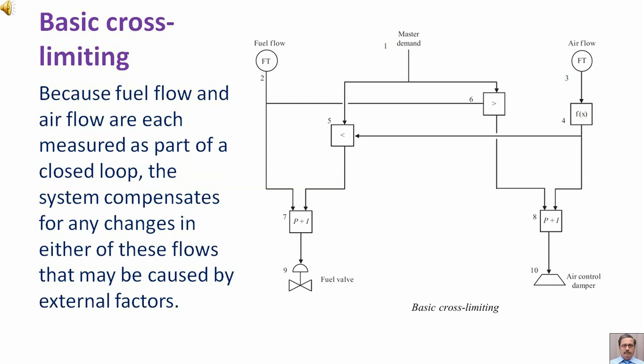Because fuel flow and air flow are each measured as part of a closed loop, the system compensates for any changes in either of these flows that may be caused by external factors.